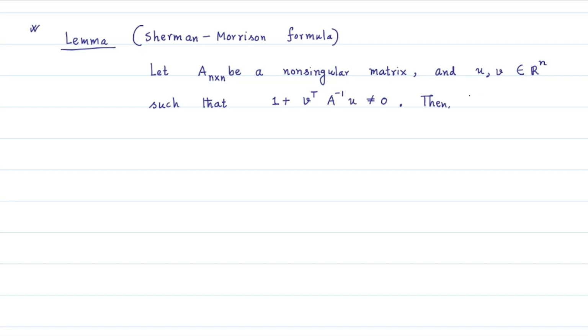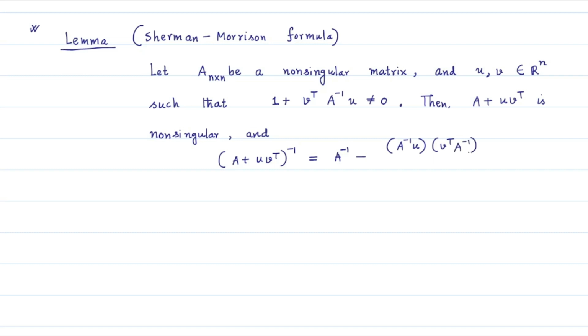Then we can show that the matrix A plus U V transpose is non-singular and the inverse of A plus U V transpose is equal to A inverse minus A inverse U into V transpose A inverse multiplied with 1 over 1 plus V transpose A inverse U.